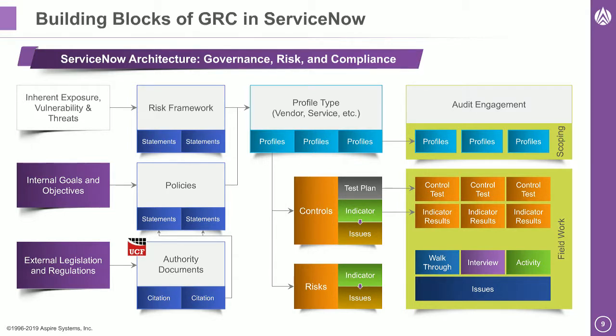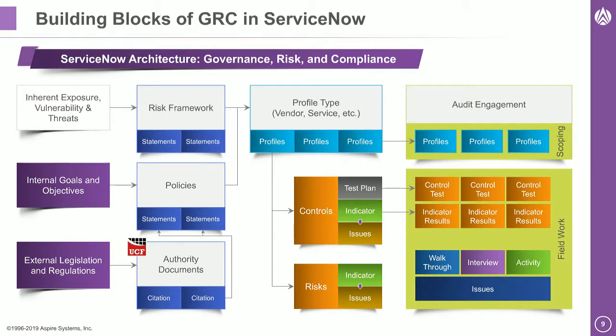So all these are policy statements, and when they are applied to a system like a payroll system, it means that for the payroll system we need to have a control to restrict the information access. So how do we do restriction of information access? That would be through role-based access or multi-factor authentication. So all these are controls, and these get associated to that specific profile which is called the payroll system.